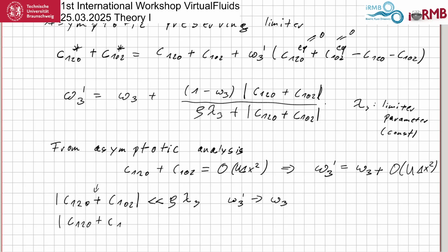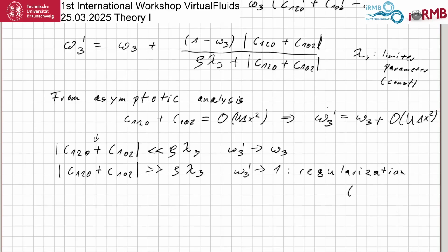If they are too large, so if they get larger than your value here, so this thing here goes to 1, which is regularization and which is very stable. So by this you go back to a stable version.